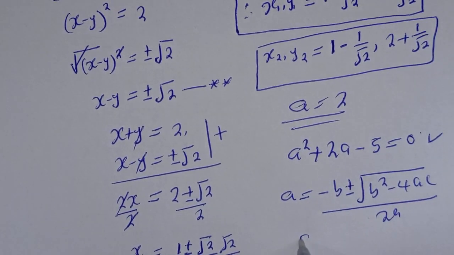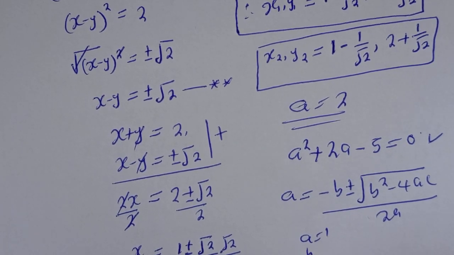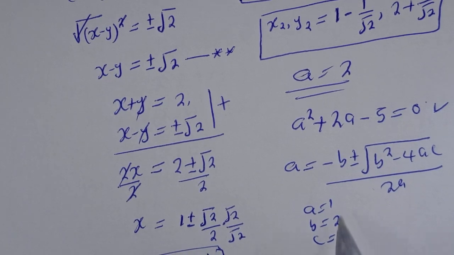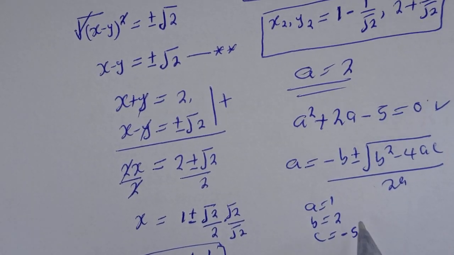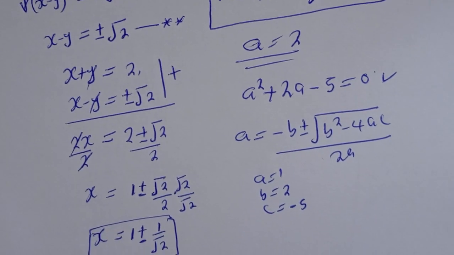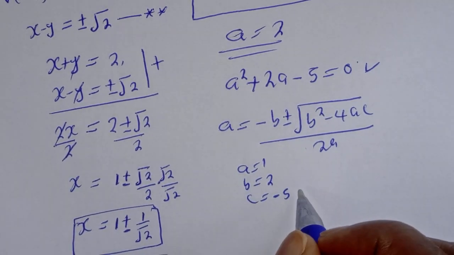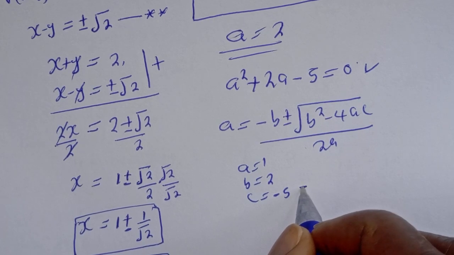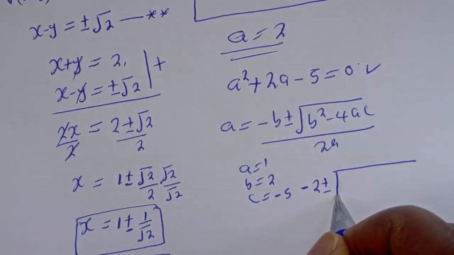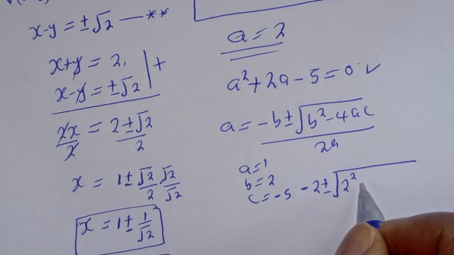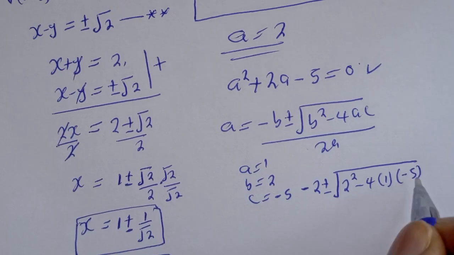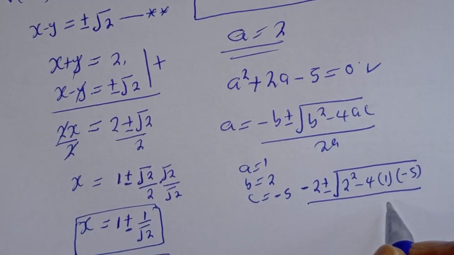From here, a is equal to 1, b is equal to 2, c is equal to minus 5. Then let's substitute. We have minus 2 plus or minus square root of 2 squared minus 4 multiplied by 1 multiplied by minus 5, over 2.